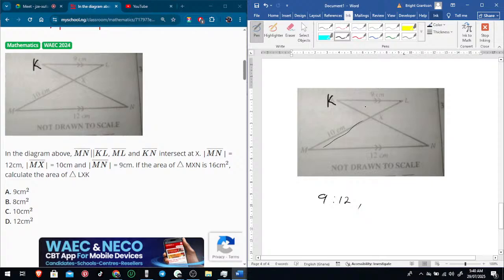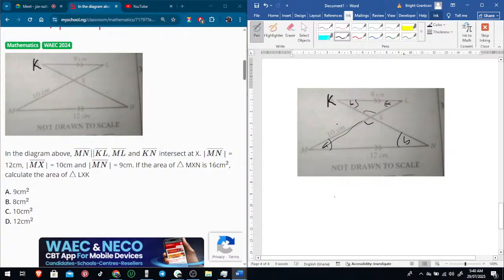Similarity of triangles. The two triangles are similar in such a way that if I rearrange them, this angle is equal to this angle. Z angles. This angle is also equal to this angle. So if here is A, here's A. If here is B, the B is here.